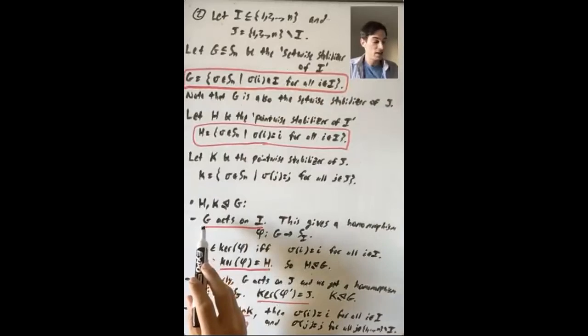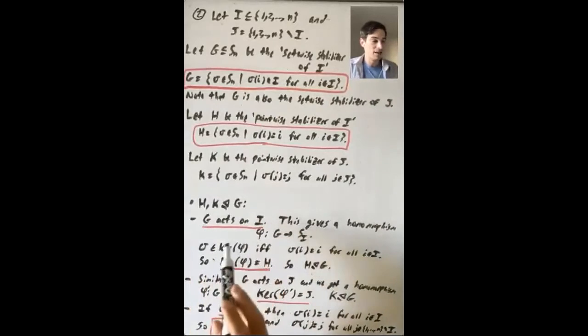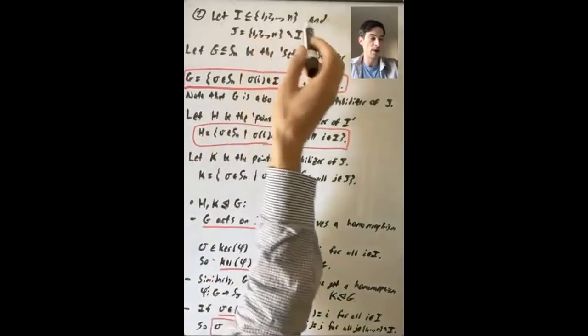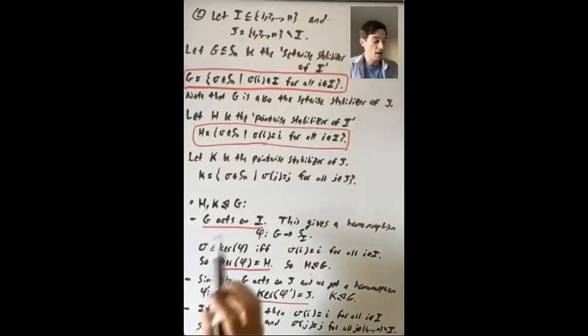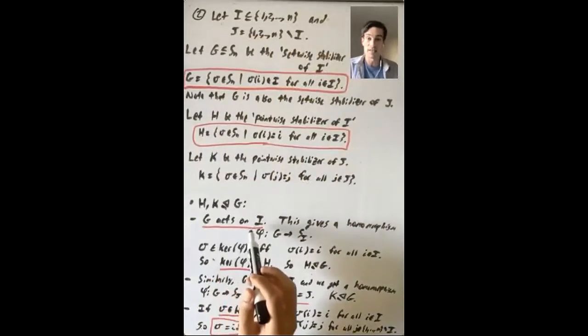Another way to say this is G acts on the set I. Clearly, G acts on the set from 1 up to n. I mean, it's a subgroup of Sn, but it also acts just on this subset I. So what does that give us?